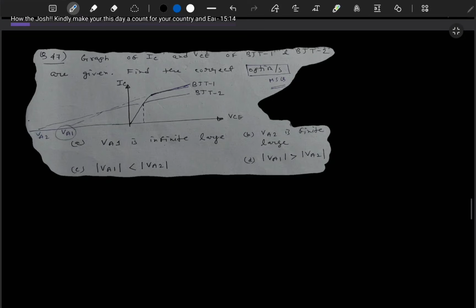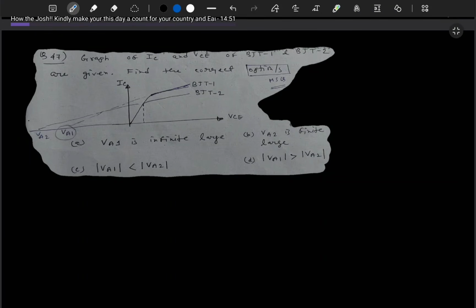Now here the early voltage concept is there, that is channel length modulation in case of BJT. So here VA1 and VA2 both will be finite.